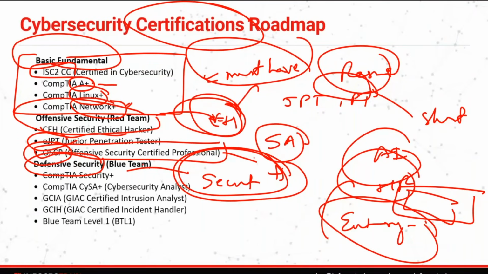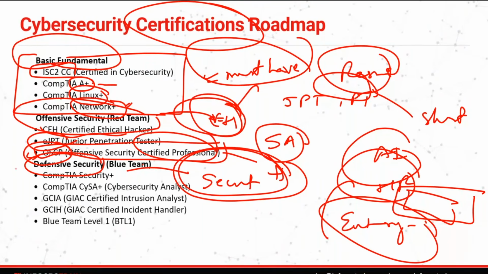Definitely, once you have 2 years of experience, you can go for this OSCP certification, so that later down the line, as I told you, more specific roles are also there: red teaming operators, red team lead, exploit developer. You can get those roles once you clear these intermediate certifications.